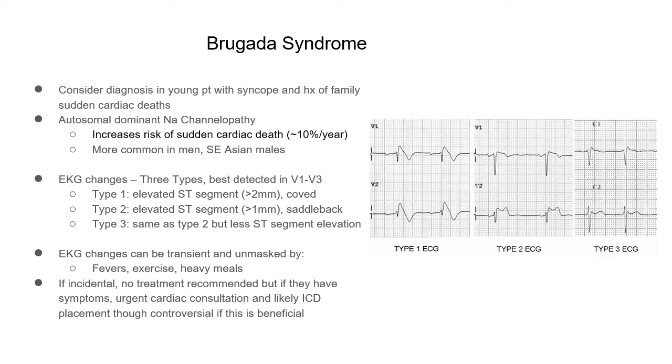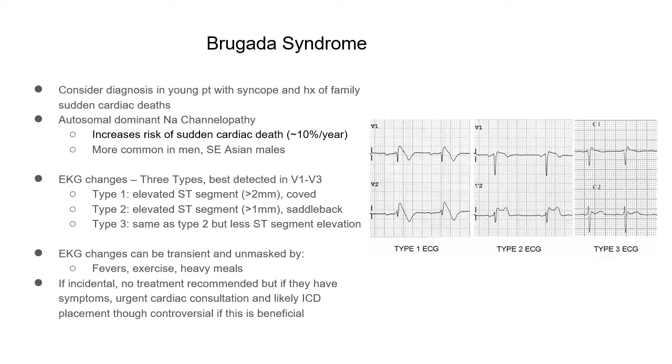So there's three types. There's type 1, which is an elevated ST segment greater than 2 millimeters that is coved. So that's this one right here. Pretty obvious. If you see this, it's going to be pretty obvious that this is an abnormal EKG finding. Type 2 and type 3 are a little bit more subtle, and so you have to kind of look into it. Type 2 is a little bit easier, and so this prior one was a type 2.